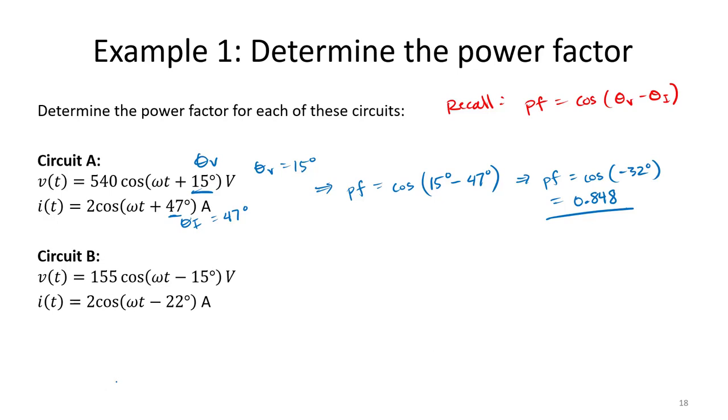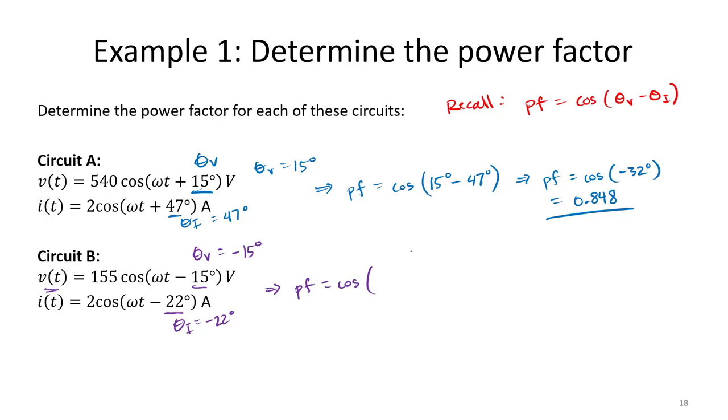Let's try circuit B next. In circuit B, you can see that our voltage has a theta V of negative 15 degrees in this case. And you can see that our current phasor has a theta I of negative 22 degrees. Once again, we substitute into our power factor equation.